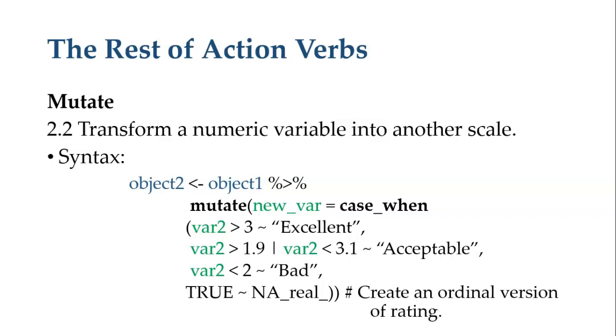Again, you use the function case when, and in this case it is the opposite. Create a new variable that takes the value excellent when the values of variable 2, that in this case were numerical, are higher than 3, right? Create a new level of that new variable called acceptable when the values of variable 2 are between 2 and 3.